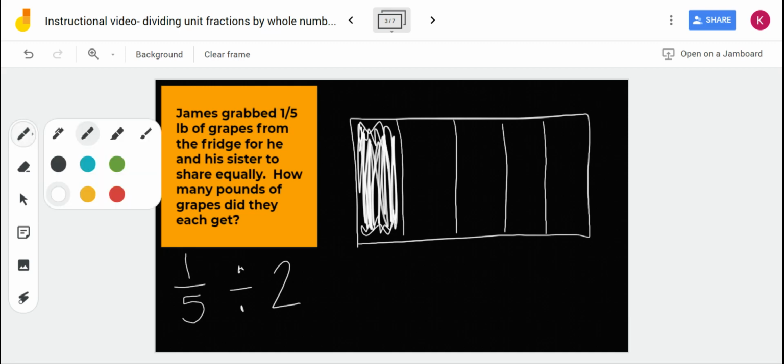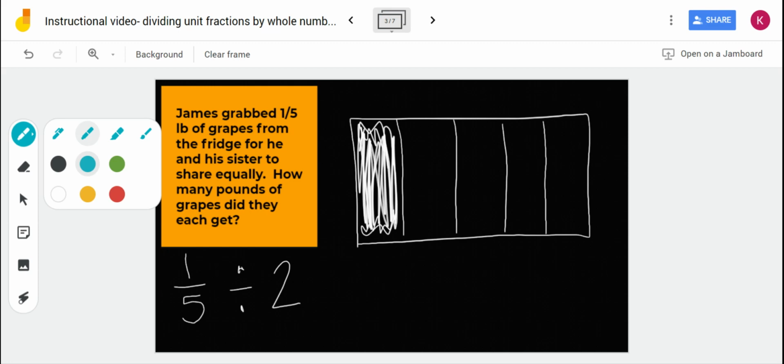Now I'm going to change my color, and here I'm going to divide that 1/5 into 2 parts. I've already drawn vertical lines, so in order to do this, I'm not going to add another vertical line, because then it would look like 6, and that's not what my problem is asking me to show.